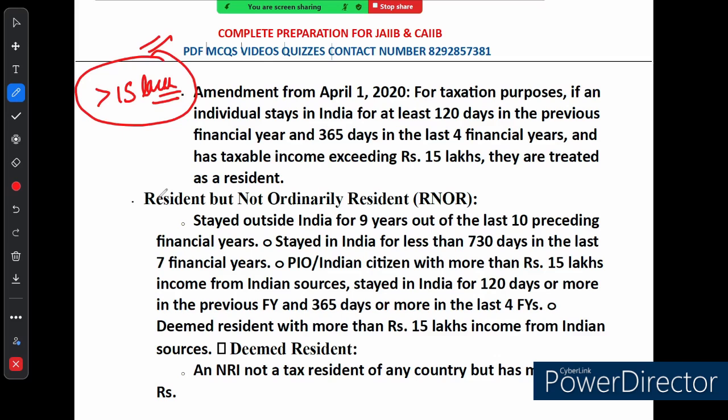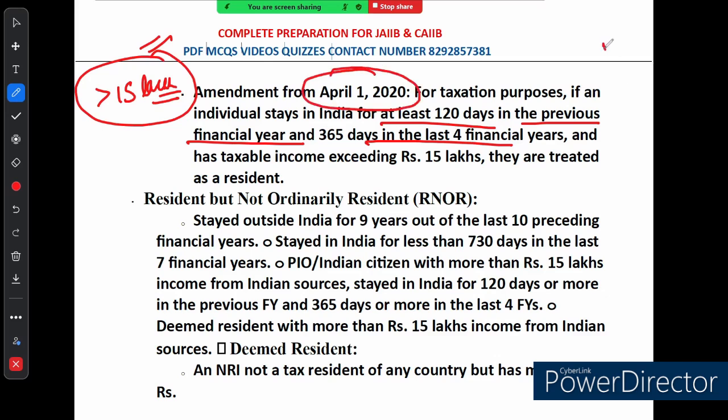You will be treated as resident if you stay in India for at least 120 days in the previous financial year, or if you have spent 365 days in the last 4 financial years. So the stay period was reduced from 182 days to 120 days. This amendment happened from 1st April 2020.